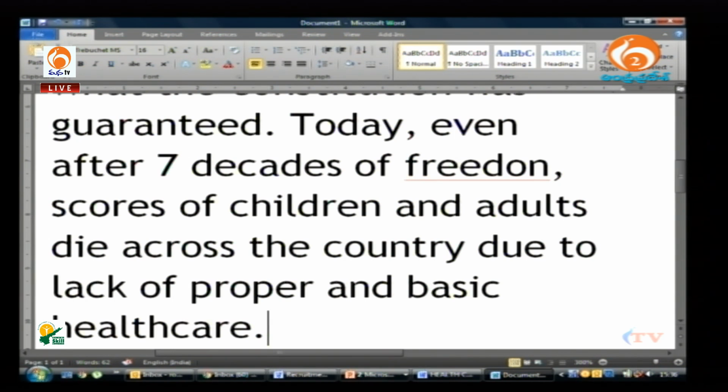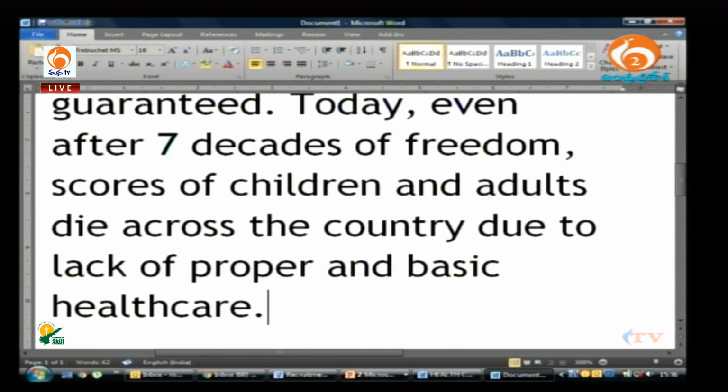So what problem I am talking about here? So let me make a small correction in terms of spelling. All right. Today, even after 7 decades of freedom, scores of children and adults die across the country due to lack of proper and basic health care.